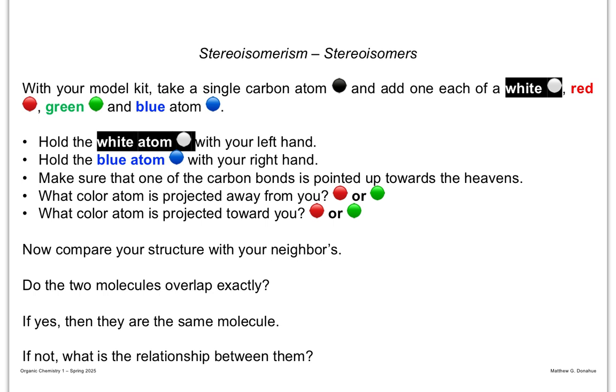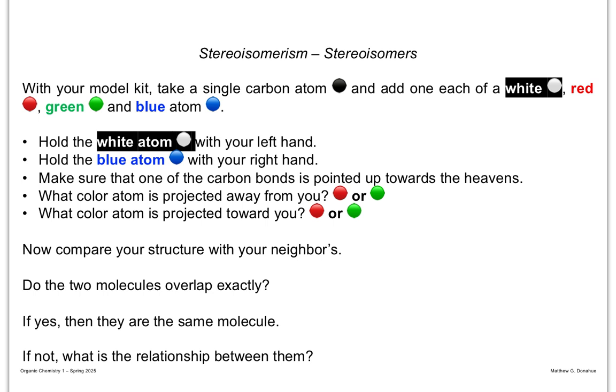So what color atom is projected away from you? So the red. And then, am I doing that right? I always get confused on this. So if I'm doing it that way, let's just think of that as hydrogen, because that's going to be important when we learn the rules. But you have 1, 2, 3, 4.